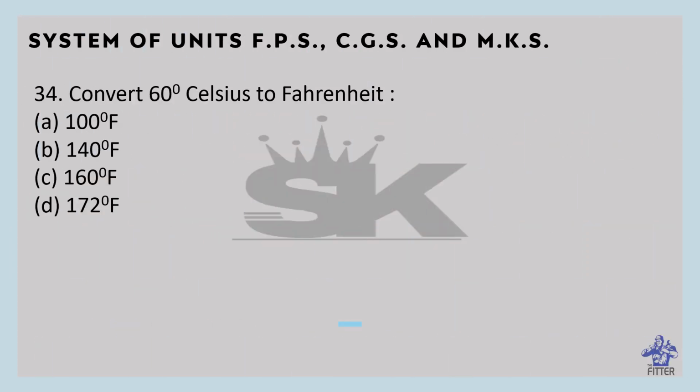Convert 60 degrees Celsius to Fahrenheit. We know the formula, right? C by 5 equals F minus 32 by 9. Okay. So here C is 60, 60 by 5 equals F minus 32 by 9.